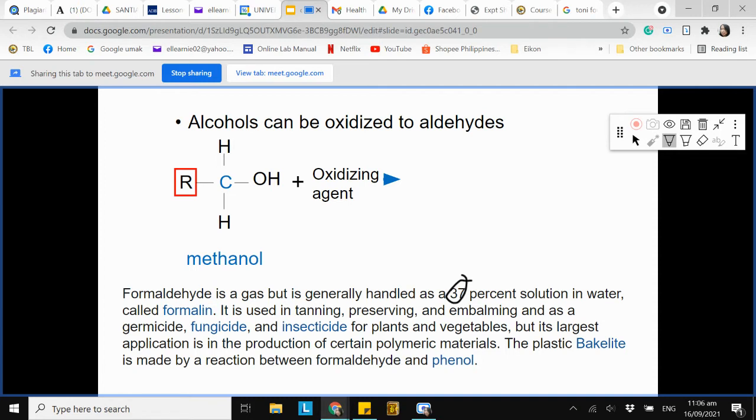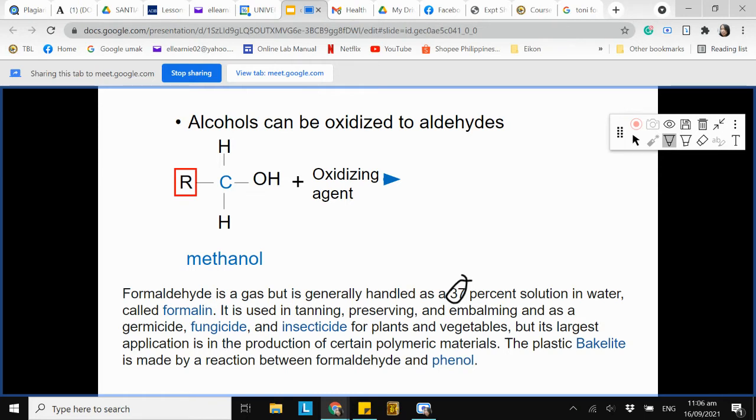Tapos, syempre since katawan, as in cadaver, okay? So, yung cadaver, inaangat nila from isang malaking parang bathtub na punong-puno ng formaldehyde, lagyan nila ng takip. Okay? Now, formaldehyde is also used in tanning, preserving, embalming, fungicide, germicide for plants and vegetables.